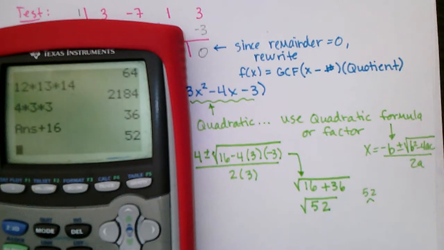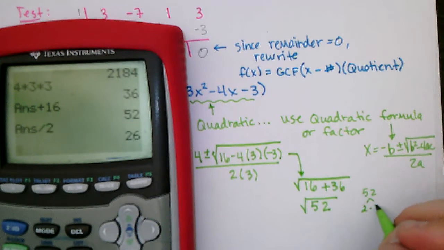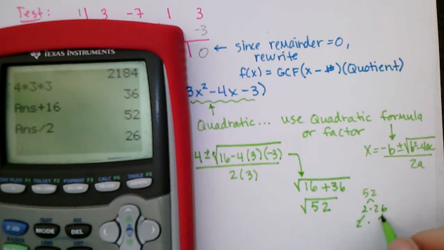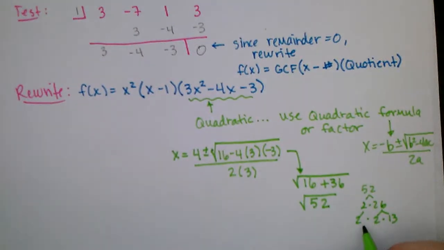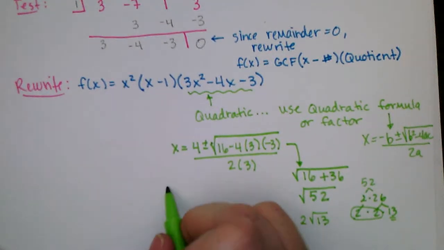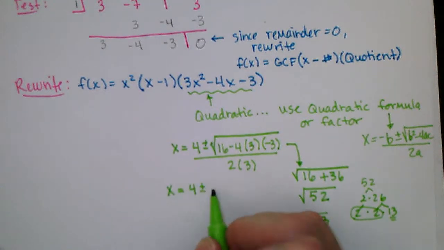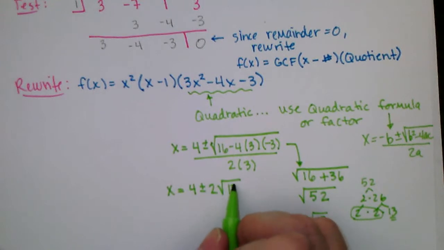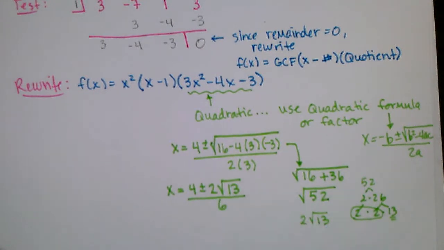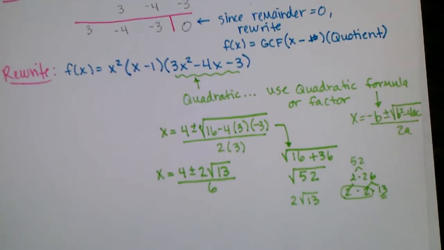52 breaks down 2 times 26, which is 2 times 2 times 13. So square root of 52 would be 2 square roots of 13. So x equals 4 plus or minus 2 square roots of 13 all over 6.